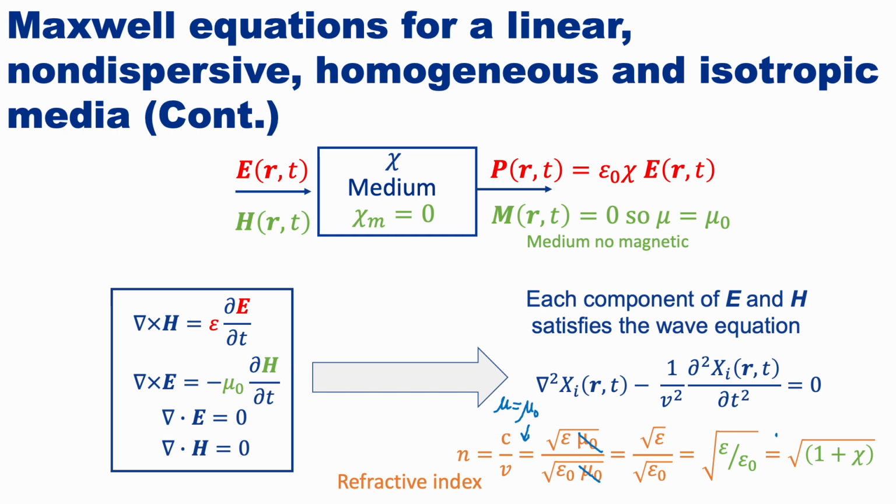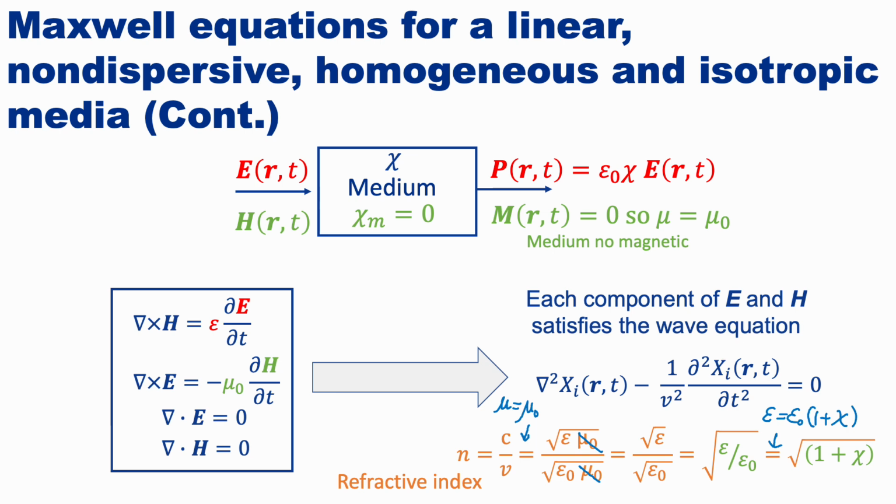And again, if we are in the case where the system is linear, non-dispersive, homogeneous, and isotropic, the electric permittivity of the medium is the electric permittivity of free space times 1 plus the susceptibility. At the end, the refractive index is going to be the square root of 1 plus chi.